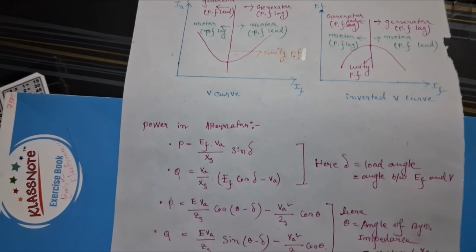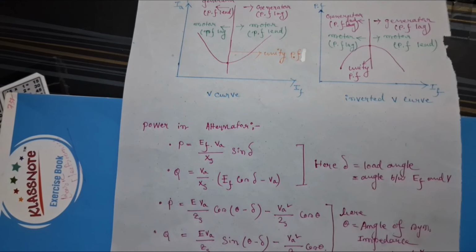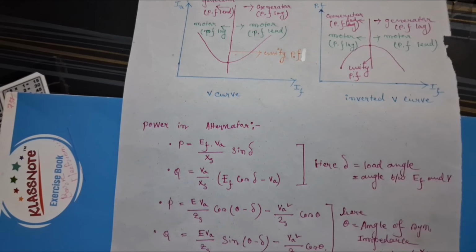And the formula of reactive power Q equal to Va by Xs into Ef cos delta minus Va. Here Va is terminal voltage and Ef is excitation voltage and Xs is synchronous reactance.